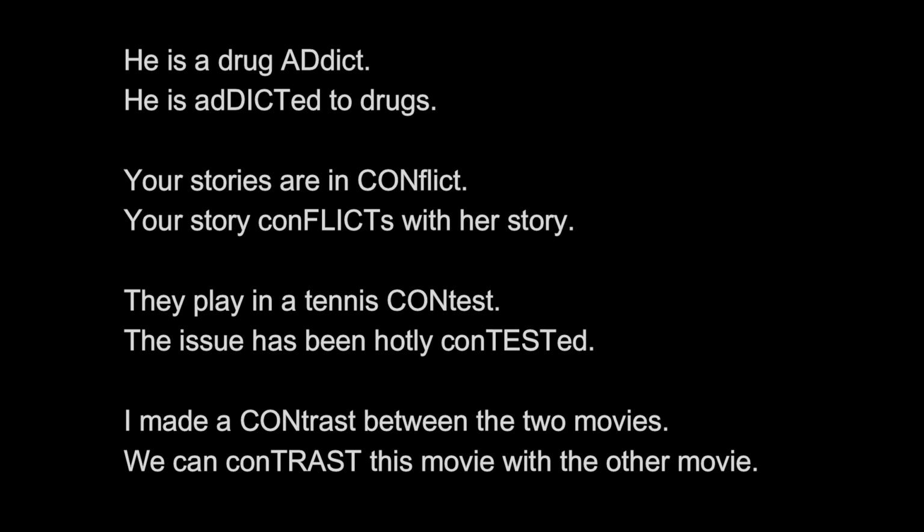Your story conflicts with her story. They play in a tennis contest. The issue has been hotly contested. I made a contrast between the two movies. We can contrast this movie with the other movie.